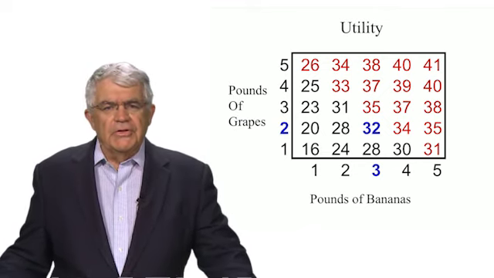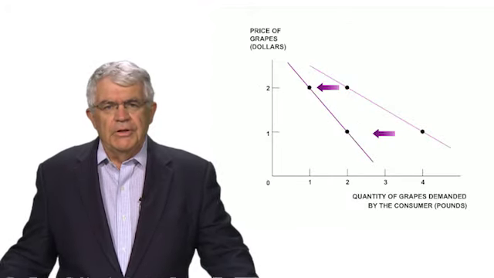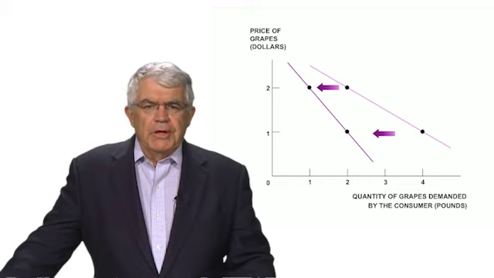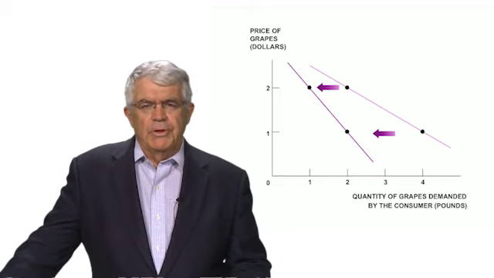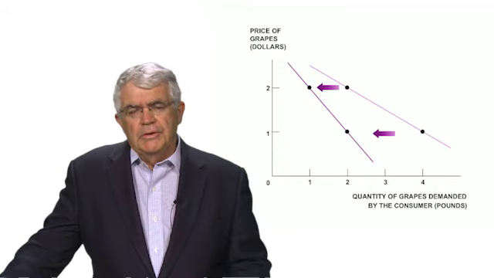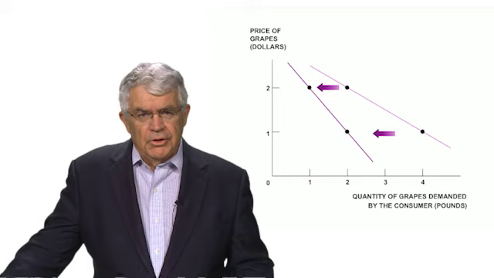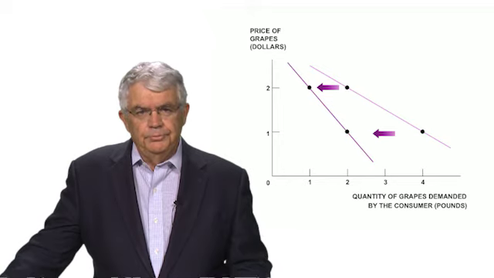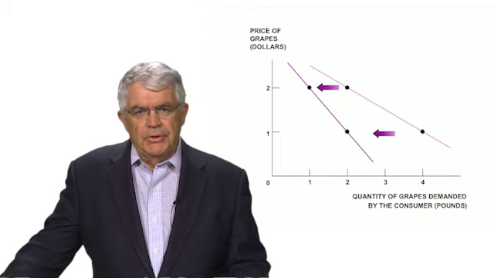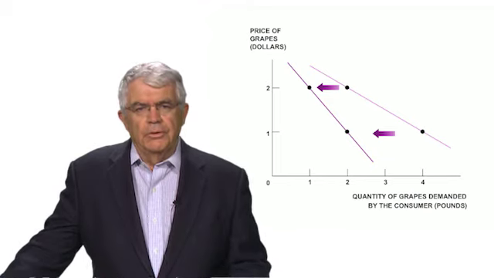And we can graph this as well and show you a shift in the demand curve. So what's happened here is we took the original demand curve, which represented a budget constraint with $8, that's the one over to the right, and when the budget constraint is now moved from $8 to $5, we've seen the number of grapes consumed, quantity demanded, has gone from 4 to 2 at the bottom end there, or from 2 to 1 in the upper end.